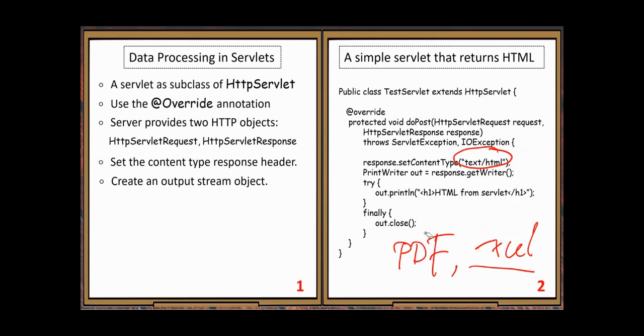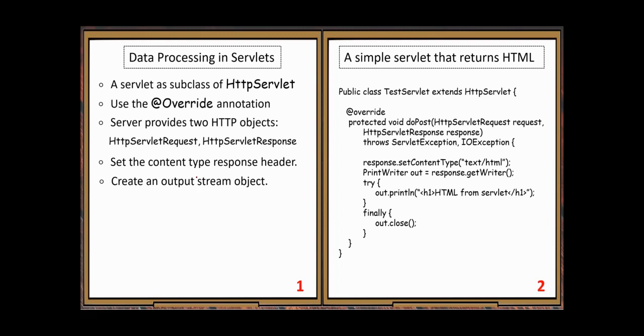Then the next step, we need to create an output stream object, because right now you need to return the content as your output. The output needs to use a connection object.